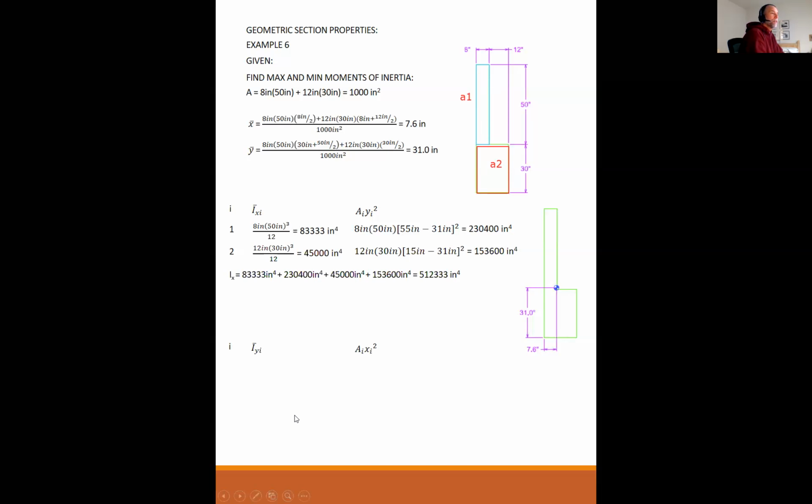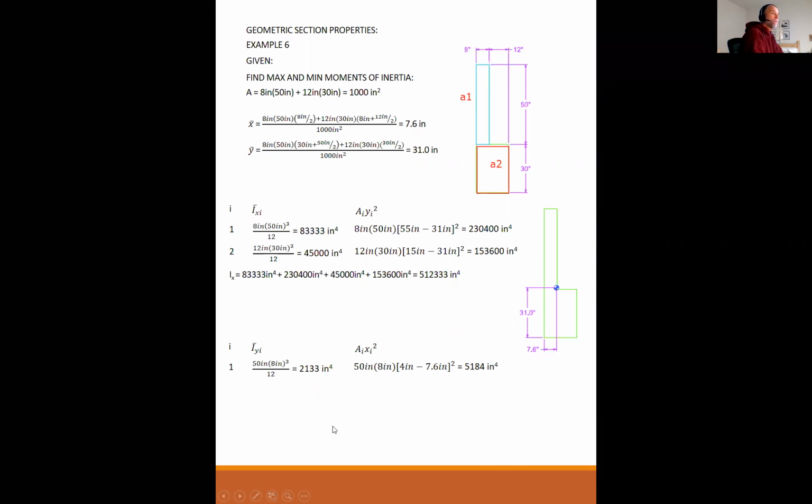Okay, the moment of inertia about the y-axis, I do the same thing, only now everything's switched because I'm summing about the y-axis, not the x-axis. So for part number 1 about its own center of gravity, 2133, and then 50 times 8 times (4 minus 7.6) squared. 4 is the center, 7.6 is the center of gravity.